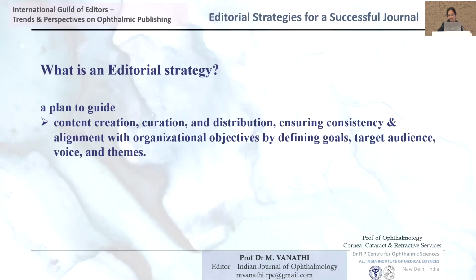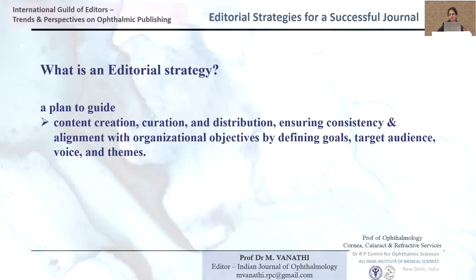So to make it a definition, it's probably the way we would plan to guide the content creation, the curation of the content, and the distribution of the content over the issues which we want to assign them to, and in the process ensure consistency and alignment with the organizational objectives.